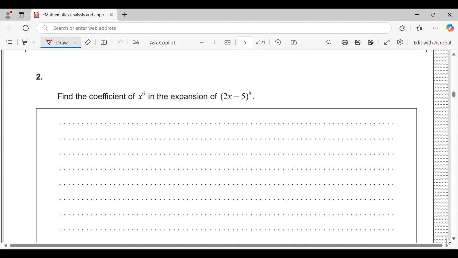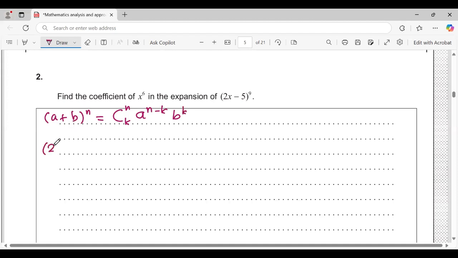Number 2. Find the coefficient of x to the power 6 in the expansion of (2x minus 5) to the power 9. We can use the binomial theorem to expand this expression. According to the binomial theorem, (a plus b) to the power n equals the combination n choose k times a to the power n minus k times b to the power k.